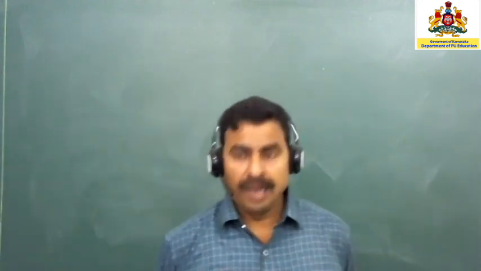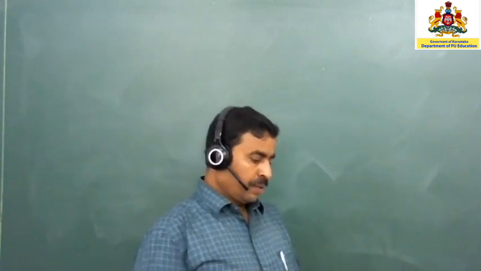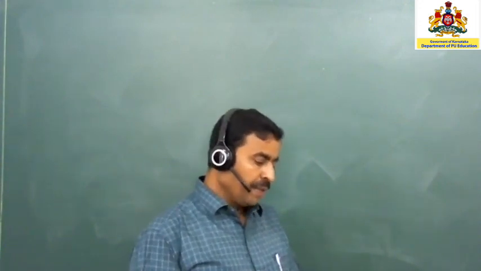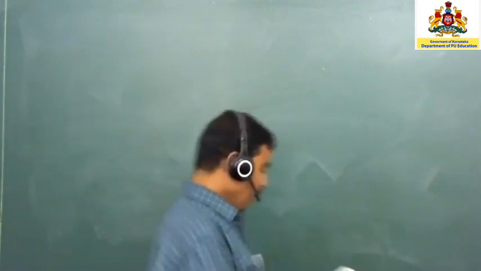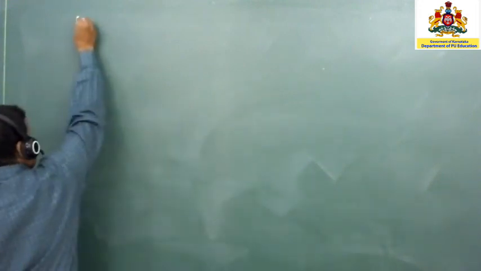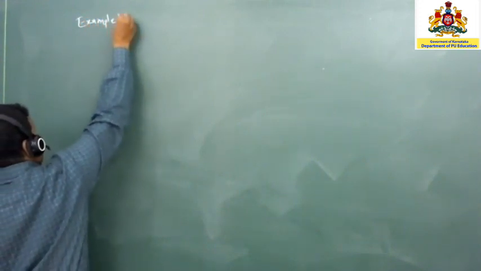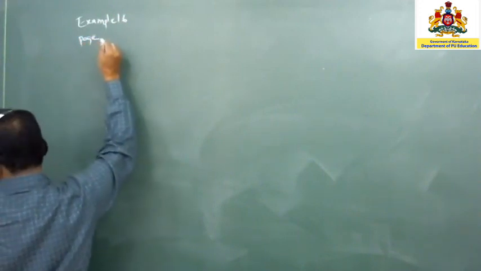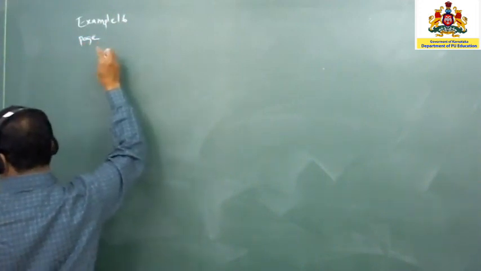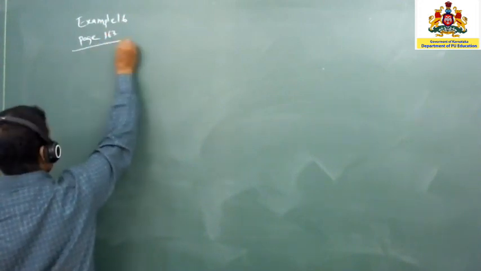Now I'll explain, for a continuous frequency distribution, how to calculate mean deviation. Example 16, page number 163.